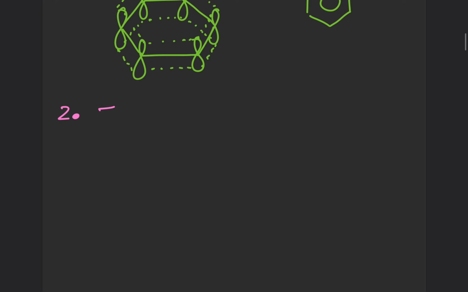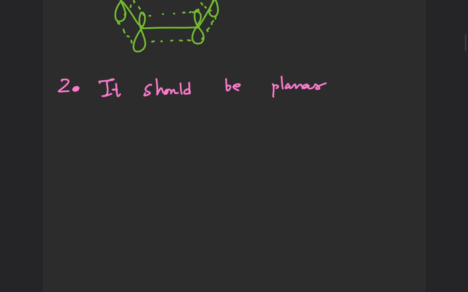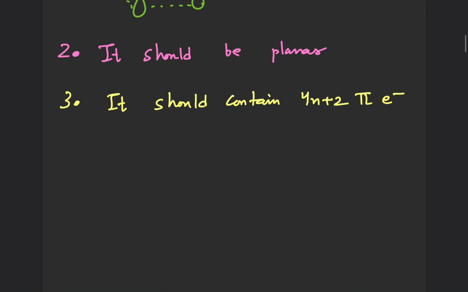Okay, so the second criterion is it should be planar. And the third criterion is it should contain 4n plus 2 pi electrons, where the value of n can be 0, 1, 2, 3, etc.